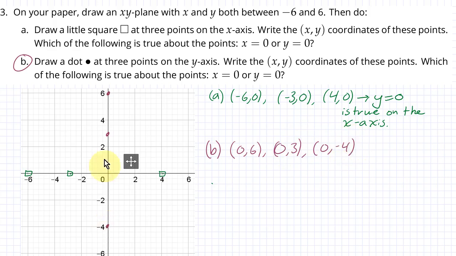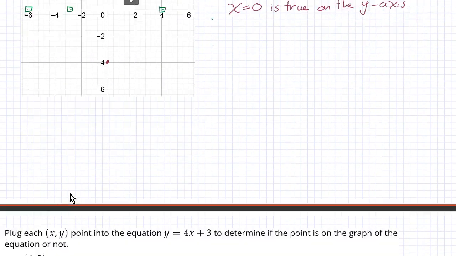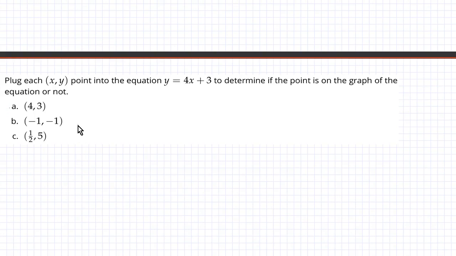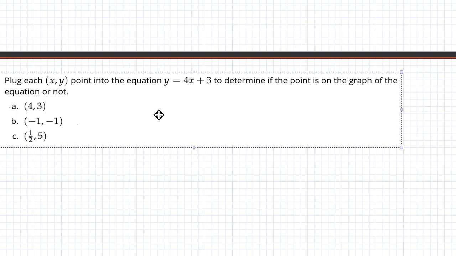Do they all have x equals 0 or y equals 0? They all have x equals 0. Okay, so the y-axis is all of the points where x is 0. It's kind of backwards, but that's how it goes. Let's look at this next one here.